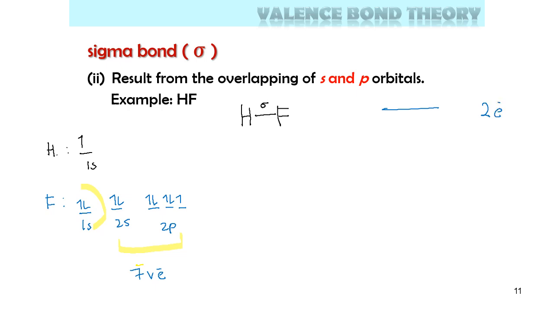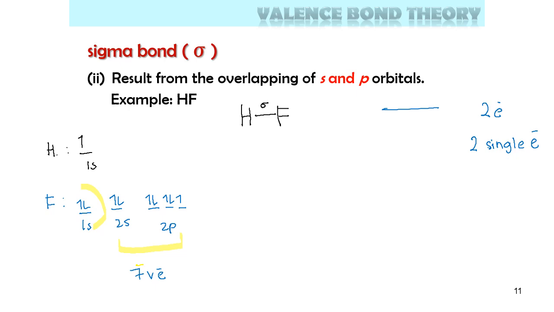Since it is sharing of electron, you need 2 single electron. 1 single electron from hydrogen and 1 single electron from fluorine. So do we have the single electron? Here is the single electron.